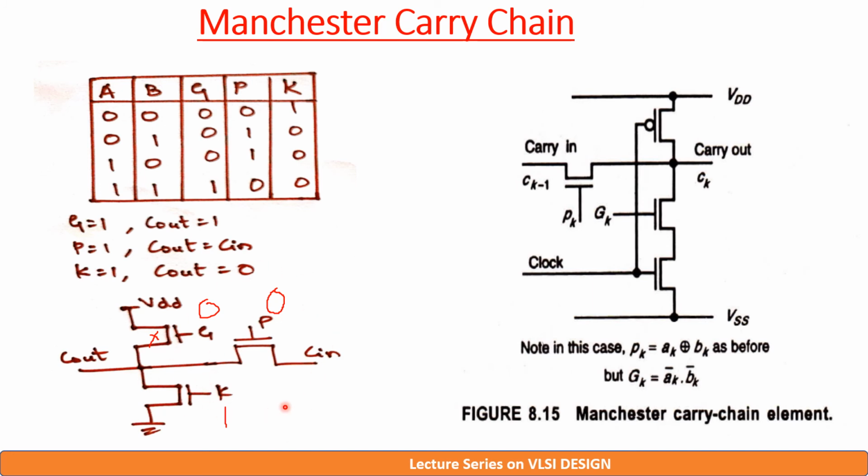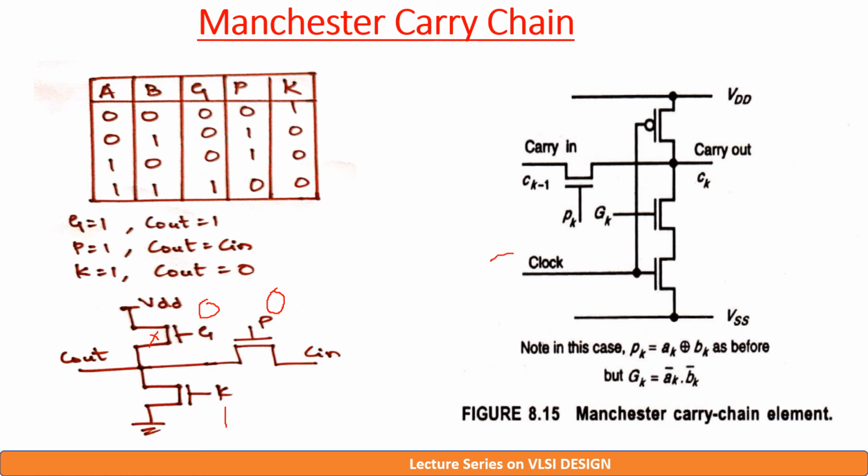So this is the basic Manchester carry chain. This figure 8.15 is a dynamic Manchester carry chain, where a clock signal is used.